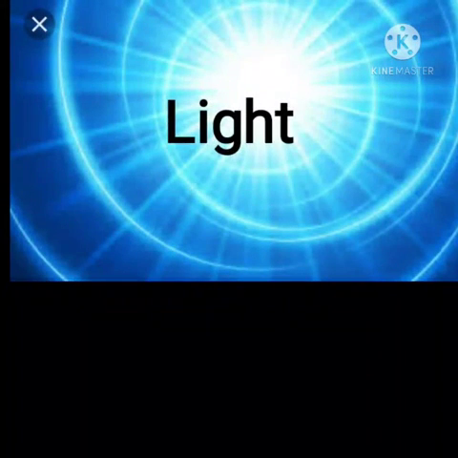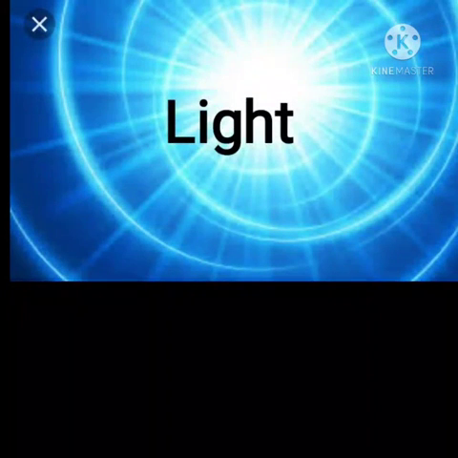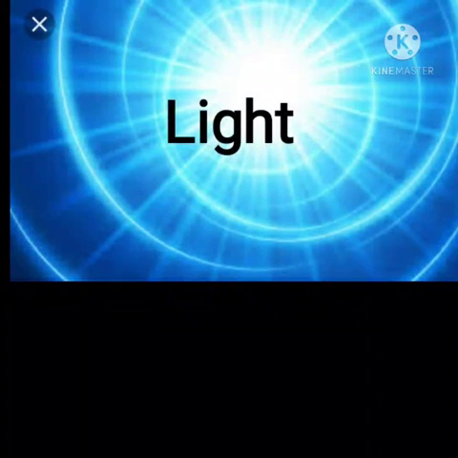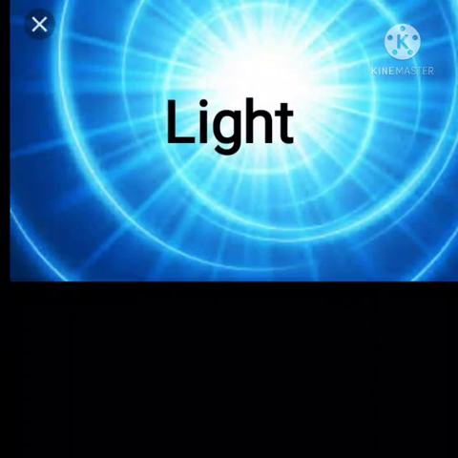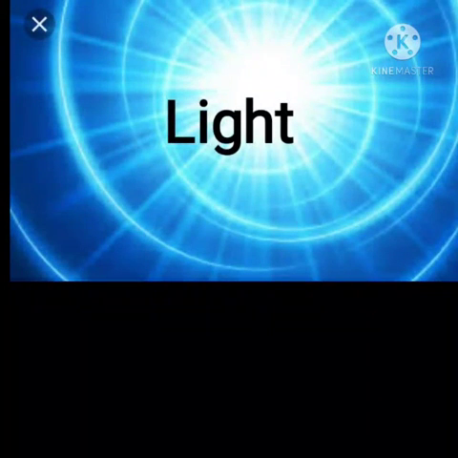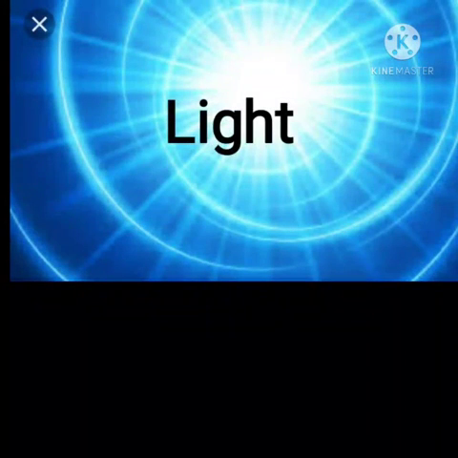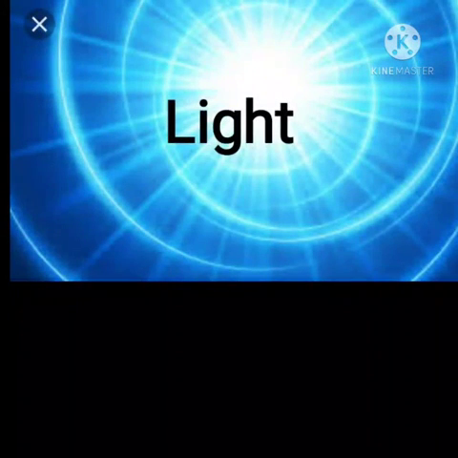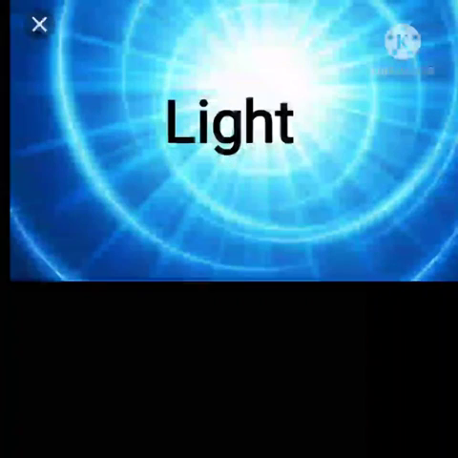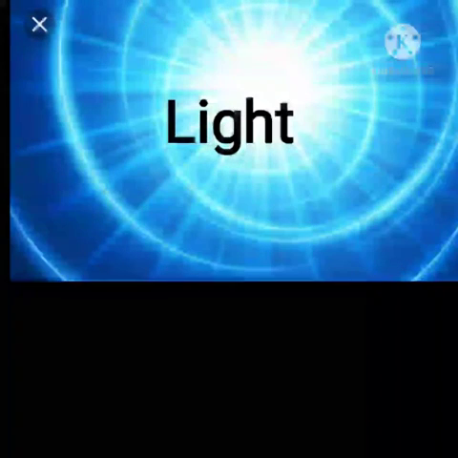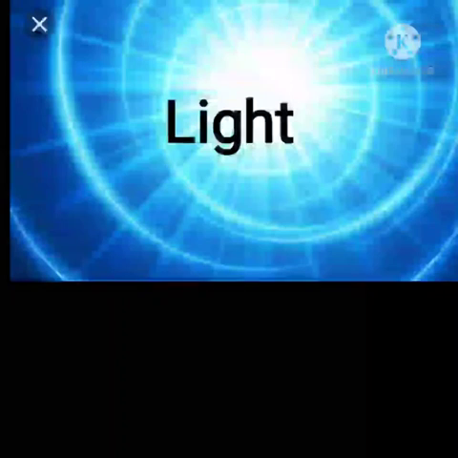The sun is the most important source of light for all of us. We can see the things around us as the light from sources such as sun, bulb, or a torch reflects off these objects and reaches our eyes.